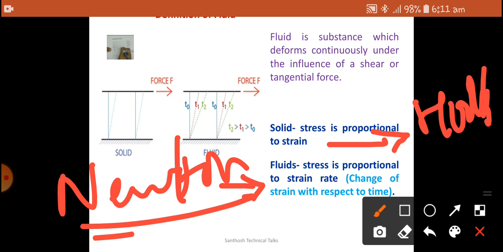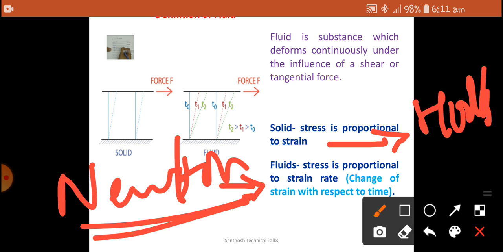So Newton's law of viscosity, which is very important, depends on the stress and the rate of strain, or velocity gradient, or shear gradient, whatever it may be. The shear stress is directly proportional to the rate of shear strain.